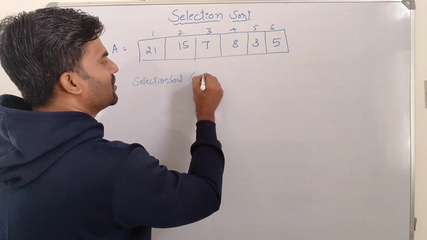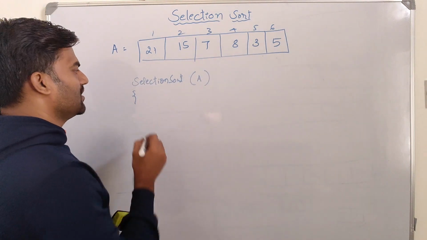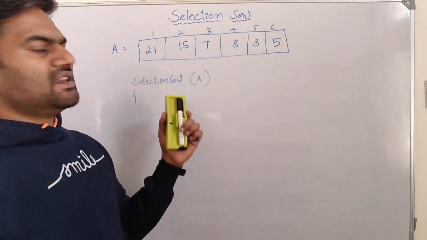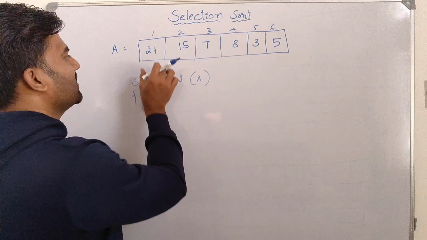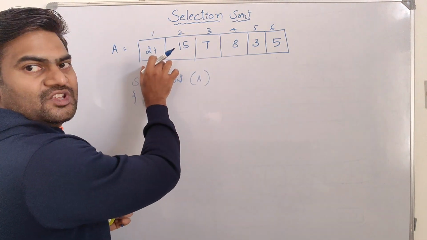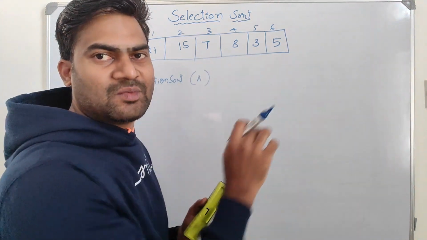It will take some input, maybe A, which is an array of numbers. Now for this I need two loops. One loop is to see which position we want to sort, and the other loop is to scan the remaining elements.